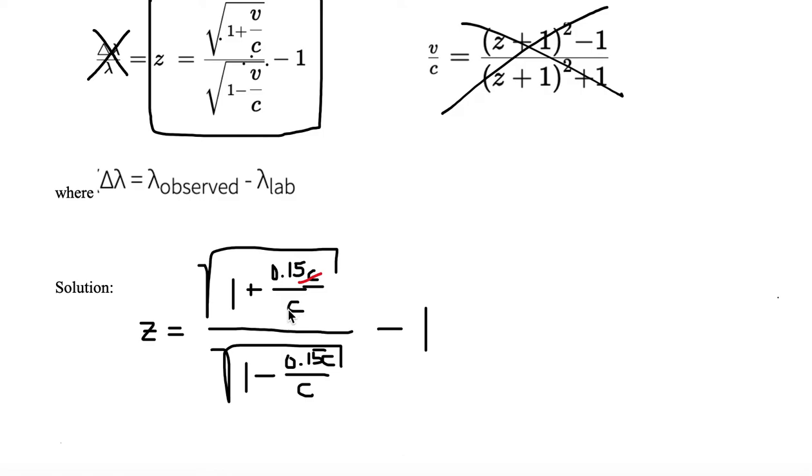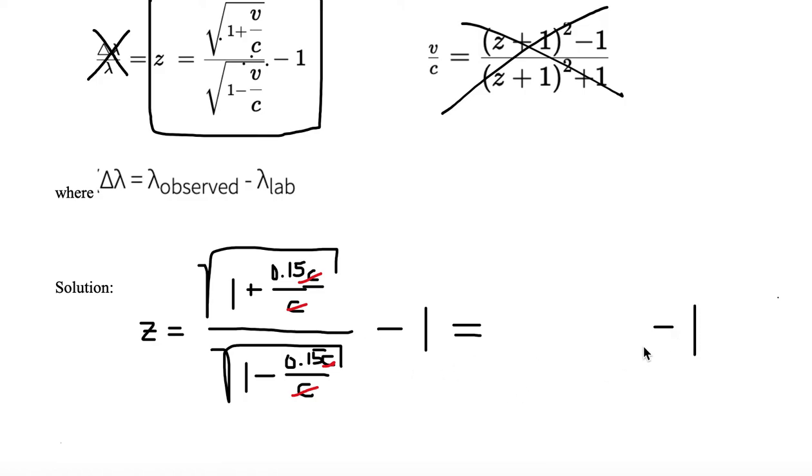So we see c and c can be eliminated. So now we're just left with numbers. We have the square root of 1 plus 0.15 and the square root of 1 minus 0.15 and a minus 1. So let's go calculate this out a little bit at a time. And I'll keep my minus 1 over here.